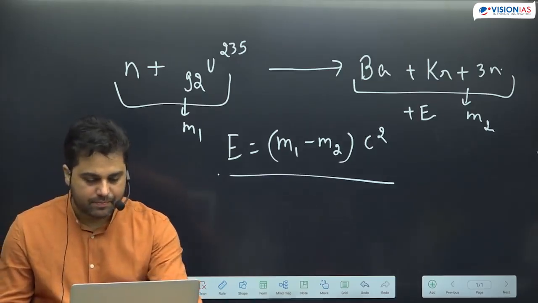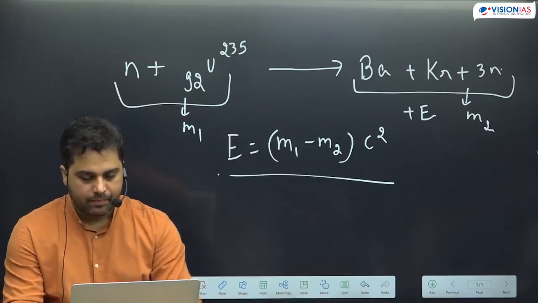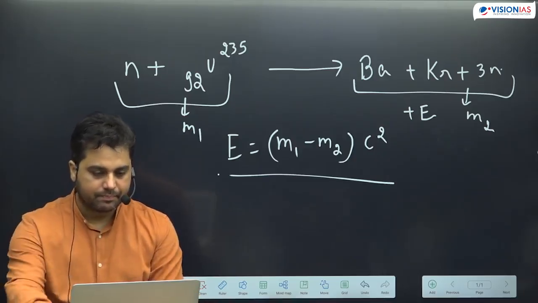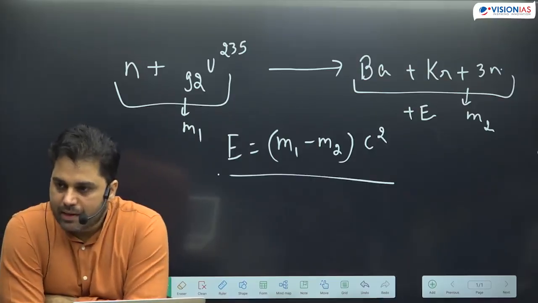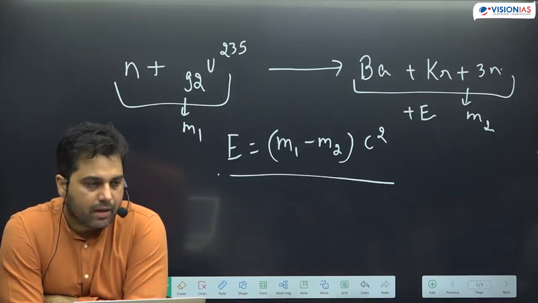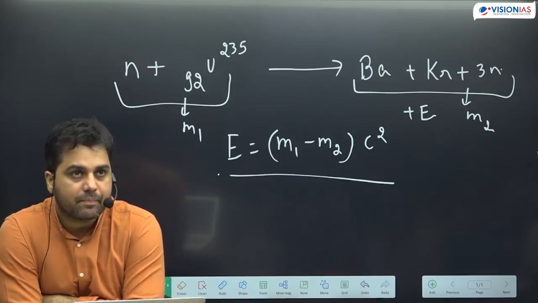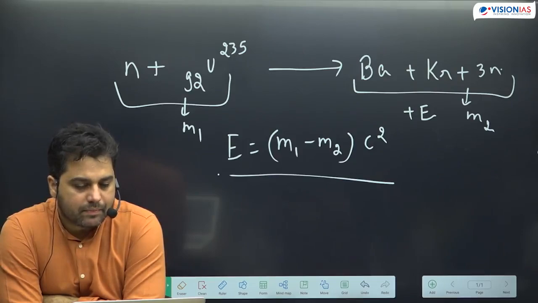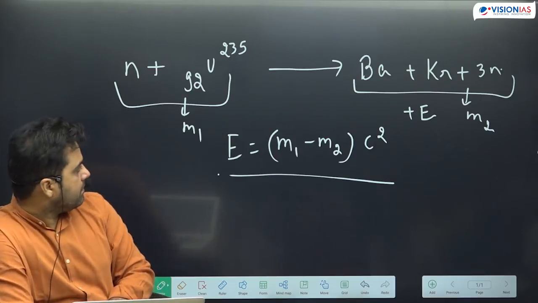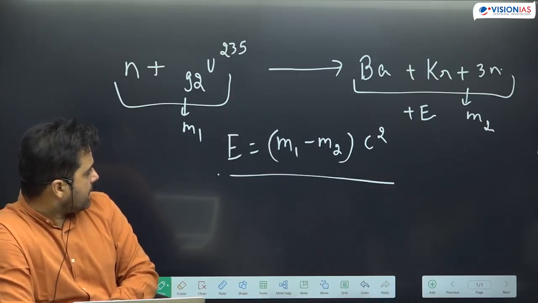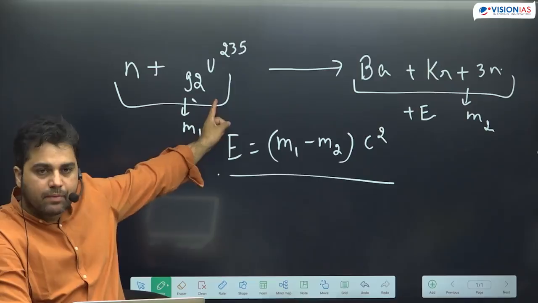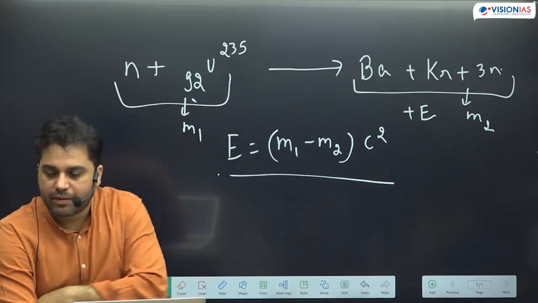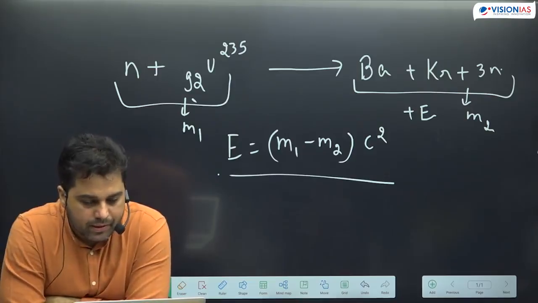Nuclear fission involves bombarding an unstable nucleus such as, you can write down example, such as uranium 235, U235.